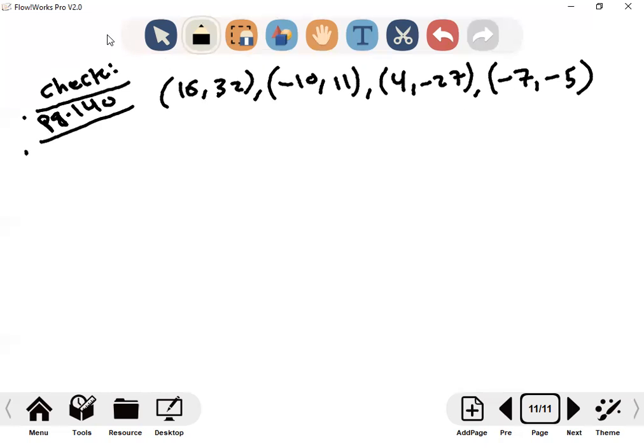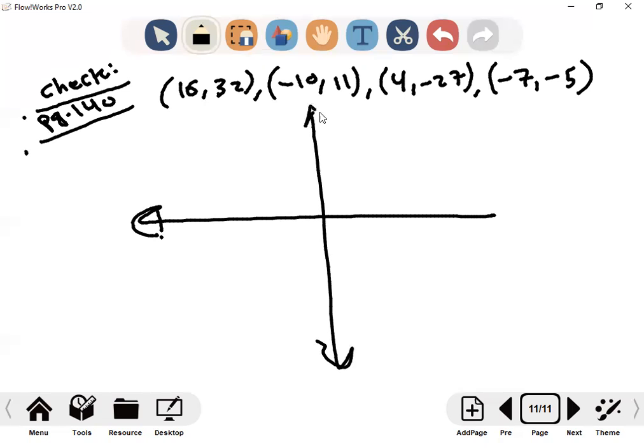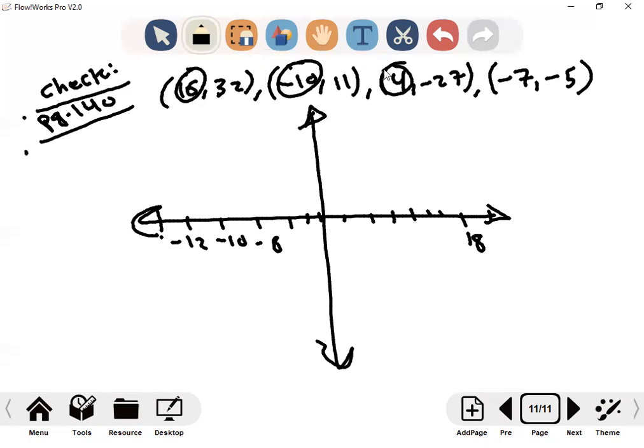So you make your x-axis starting from negative 12 and step by 2: negative 10, negative 8, negative 6, negative 4, negative 2, 0, 2, 4. From negative 12 to 18 covers 16, negative 10, 4, negative 6.